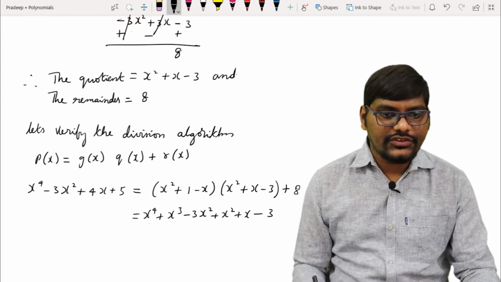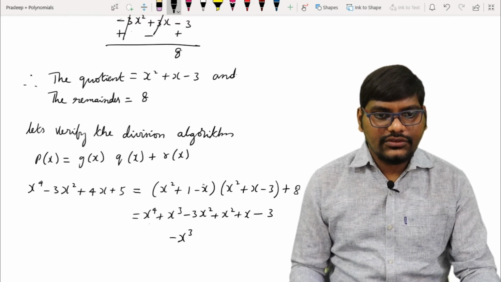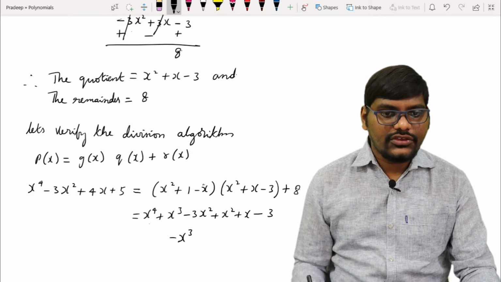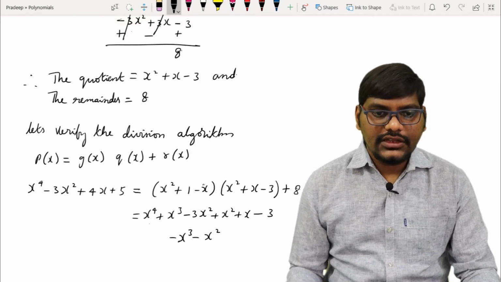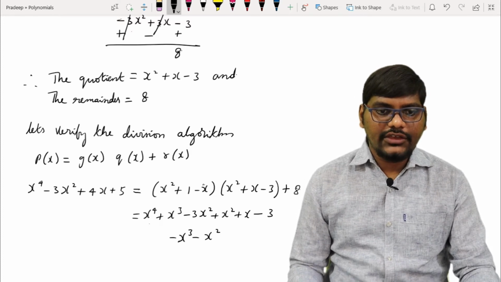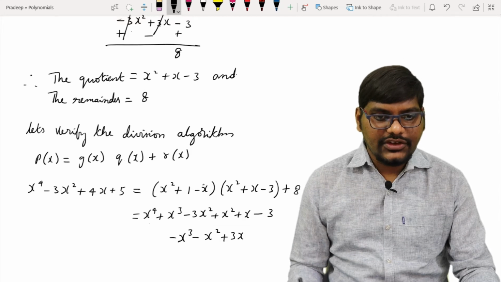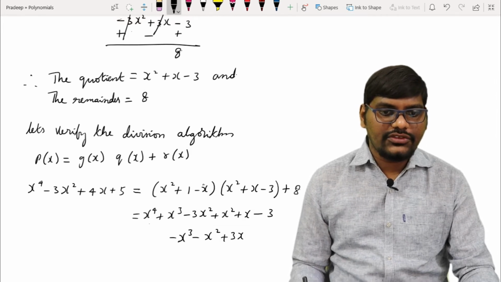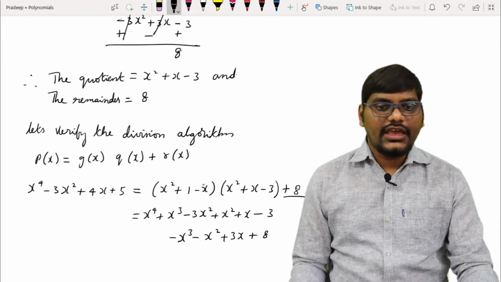Minus x into x square is minus x cube, and minus x into x is minus x square. Then minus x into minus 3, minus into minus is plus, so this is plus 3x, and we'll write plus 8 as it is.